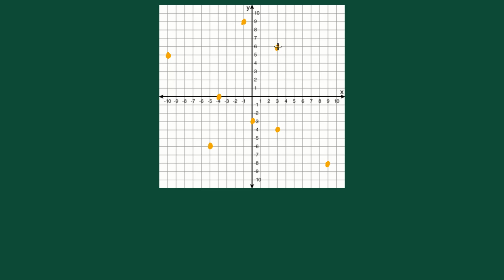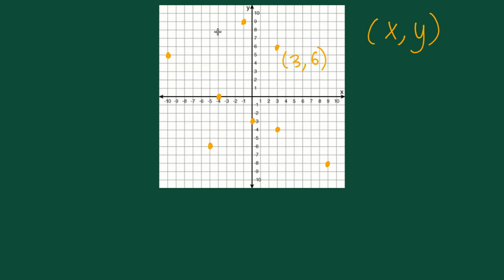Okay, so I'm just going to go one by one here. Let's start with this one here in quadrant 1. For all of these, remember, we want to know their x and their y. So x comma y. So right here, where's our x? 3, positive. Our y is at 6. Second quadrant, right here.